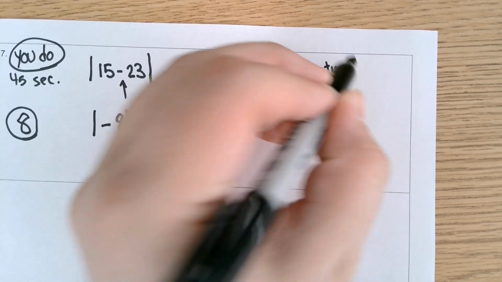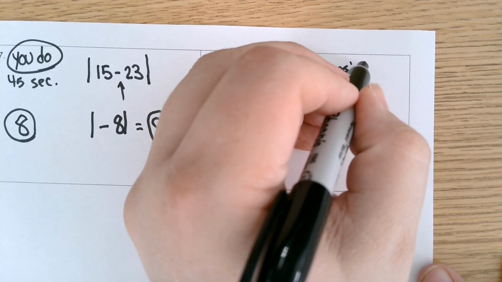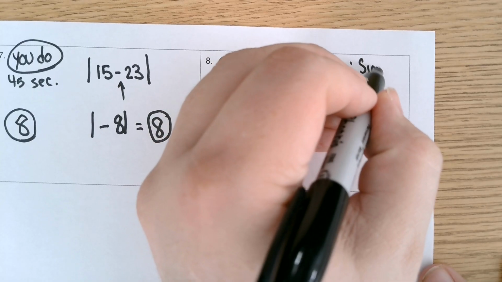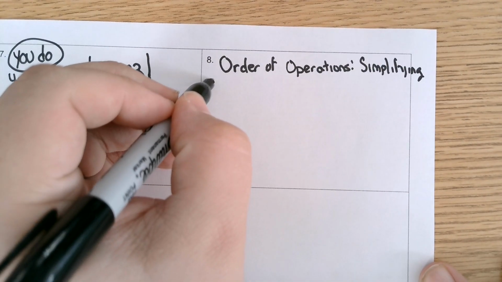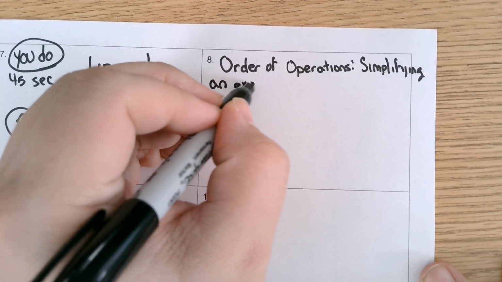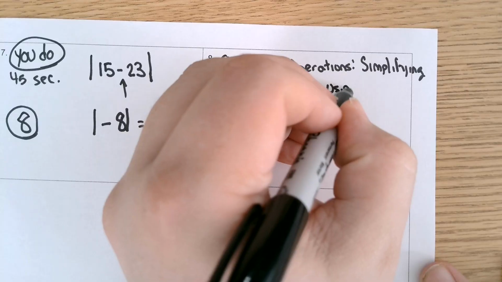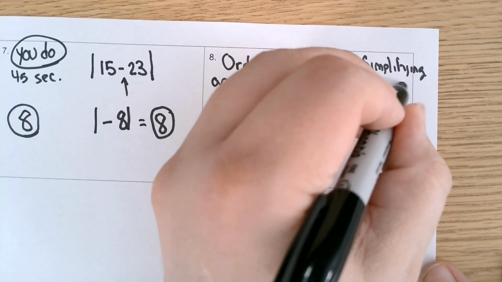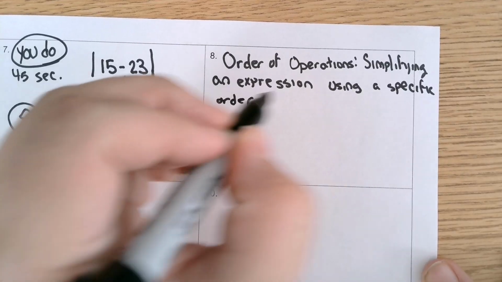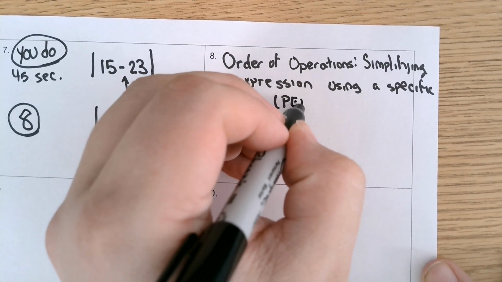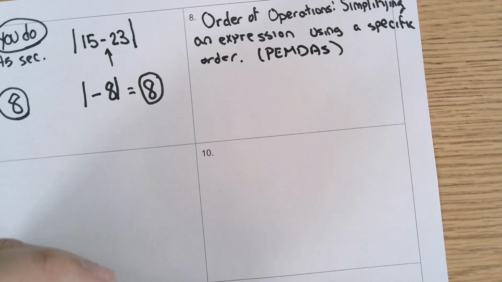Order of operations is used to simplify an expression using a specific order. In this case, our order is PEMDAS. Okay?